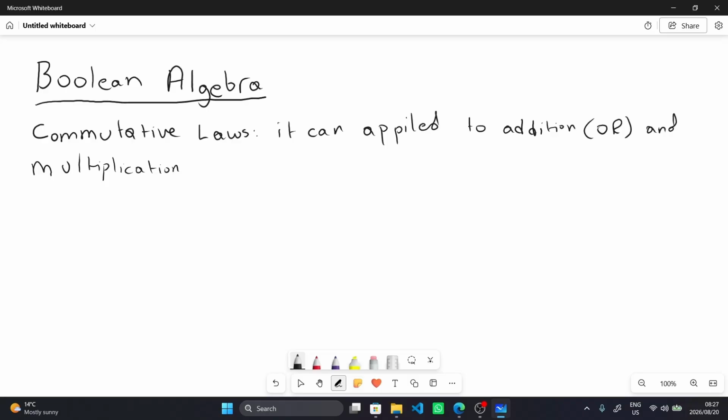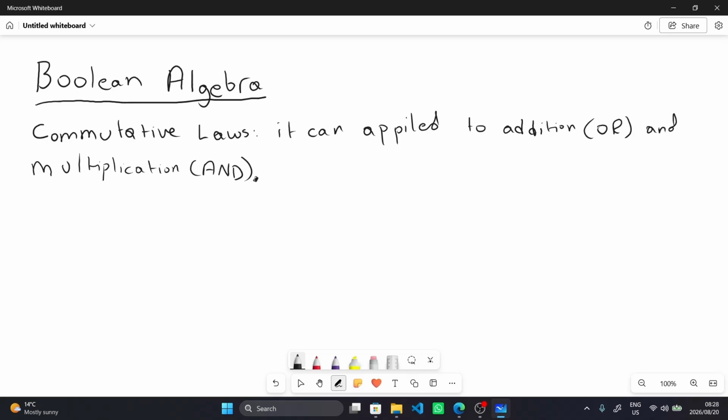Just remember, in Boolean algebra, most of the time we only work with multiplication and addition, it's just these two concepts. So we only work with AND or OR gates most of the time.